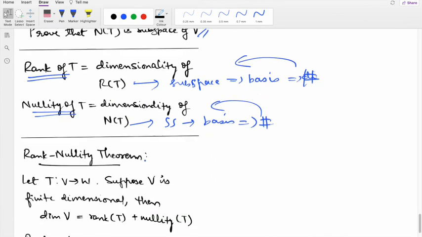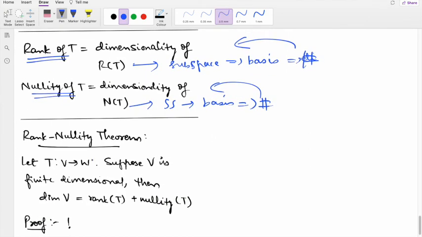And we have this famous theorem called the rank nullity theorem, which tells us that if I have a linear transformation T from one vector space V to another, and suppose V is finite dimensional, then the rank plus the nullity of T is equal to the dimension of V. I want you to understand that the dimension of V is specific to the vector space V. You don't need a transformation to define dimensionality.